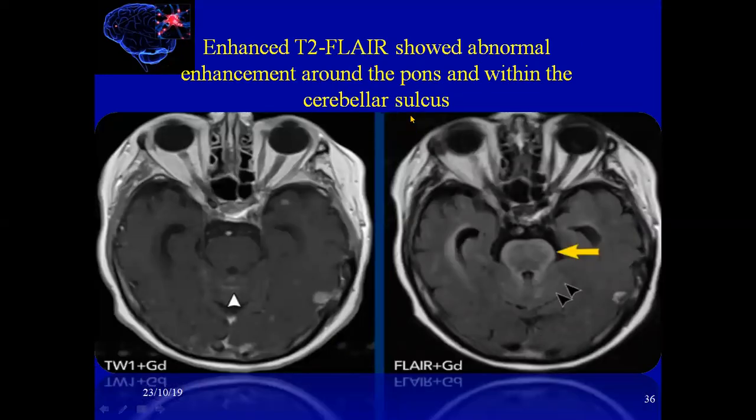Enhanced T1 FLAIR shows abnormal enhancement around the brain stem and within the cerebellum sulcus here. This is what we can see in cancer patients, as we see here. This is a nodule here and a nodule here.